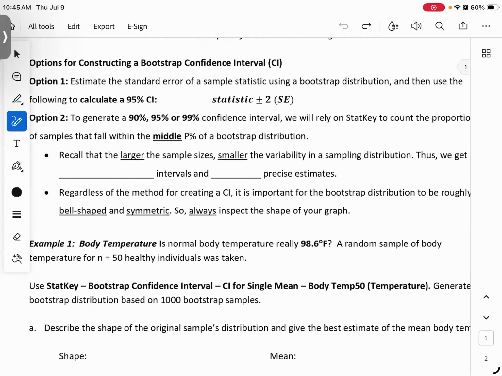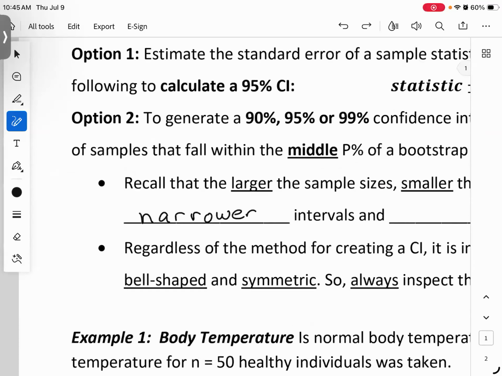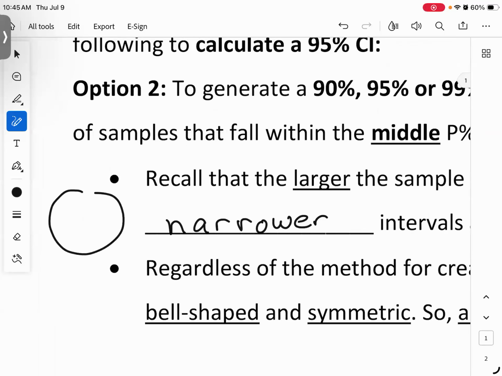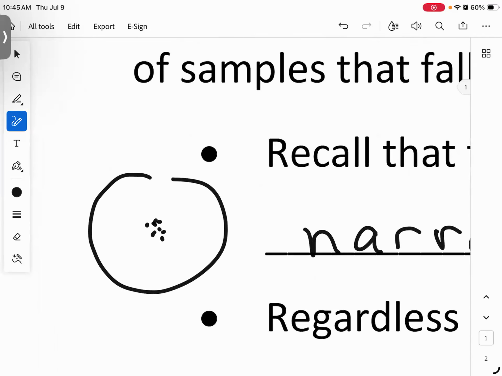One thing I do want to mention is that if you're ever looking to get a narrower interval, the best way to do that is to use larger sample sizes. Because as you increase your sample size, your standard error will go down. That's going back to the archer and the bullseye: if you want your estimates to be more closely clustered together, larger sample sizes will do that.